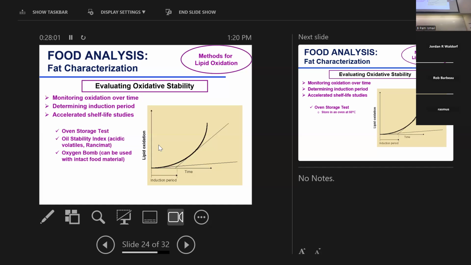So here you have the rate of peroxide generated higher than the rate of conversion, so we see an increase. This is converting primary to secondary oxidation product.